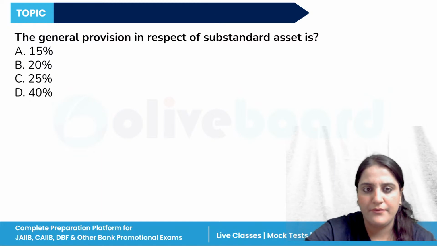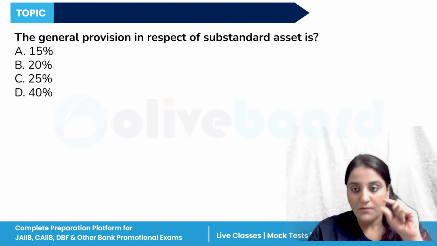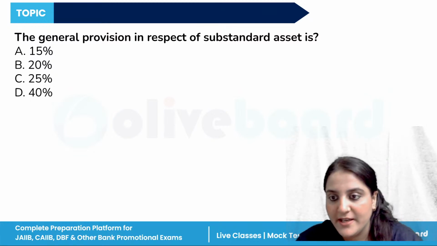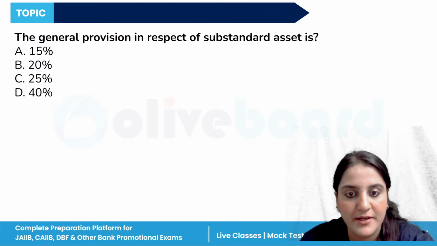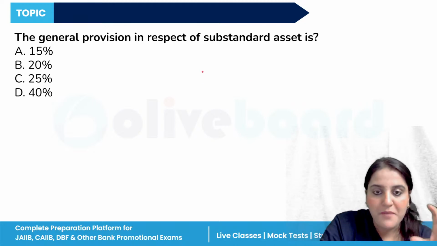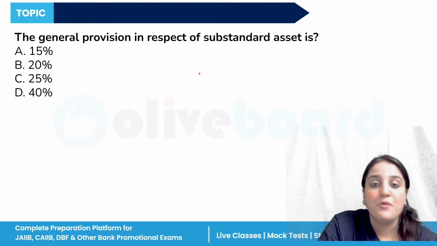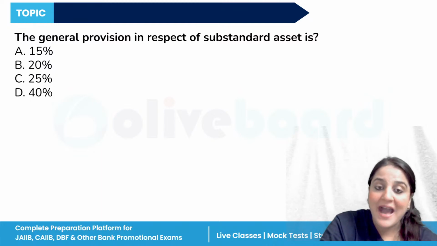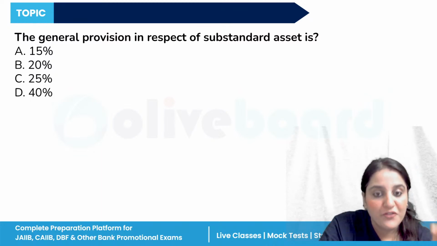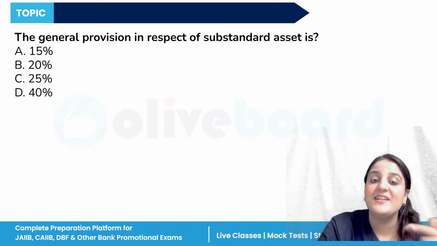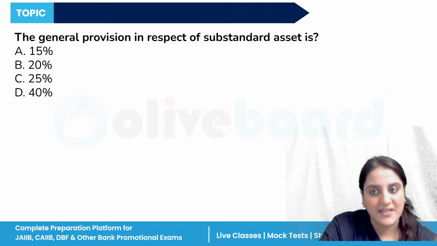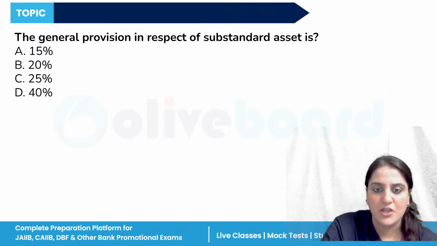See, a non-performing asset impacts the profitability of a bank. The bank is required to make provisions for this asset depending on the classification category of the asset and the value of security.